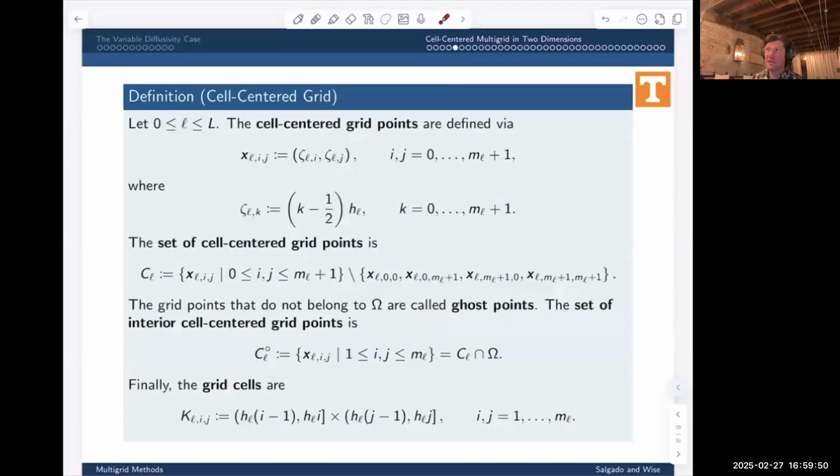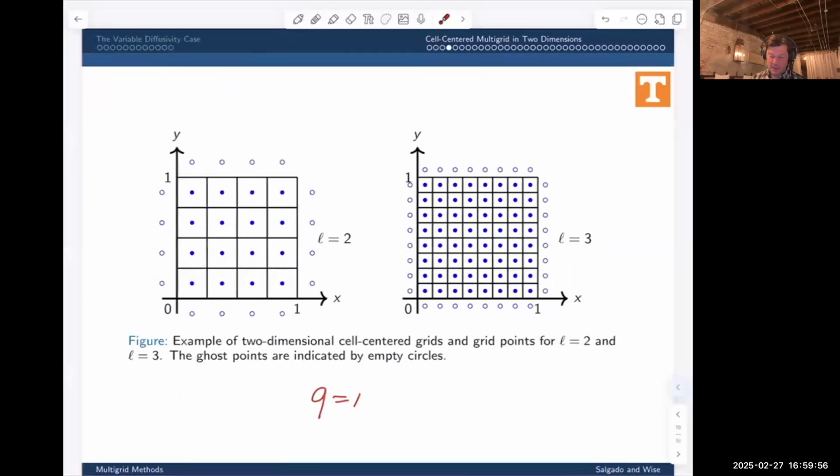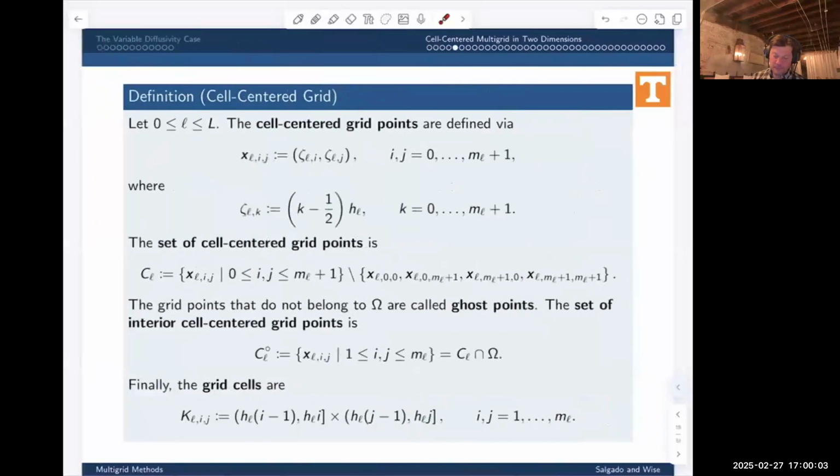So cell-centered points in 2 dimensions are a little bit different than 1 dimension. So the cell-centered grid points are defined by the following tuple of points.